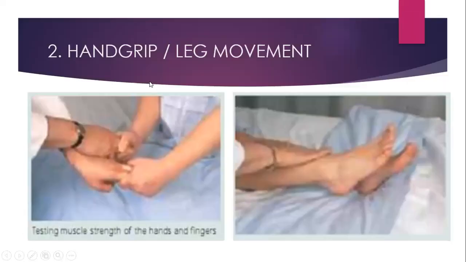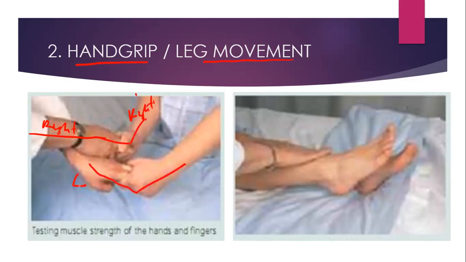Okay, let's continue. For the hand grip naman and leg movement, yung ganito yan. Kung mapapansin niyo, this is the right of the patient, right of the nurse, and right hand of the patient. So, dapat right to right, tapos left to left. Kasi this will allow you to feel the patient's strength.